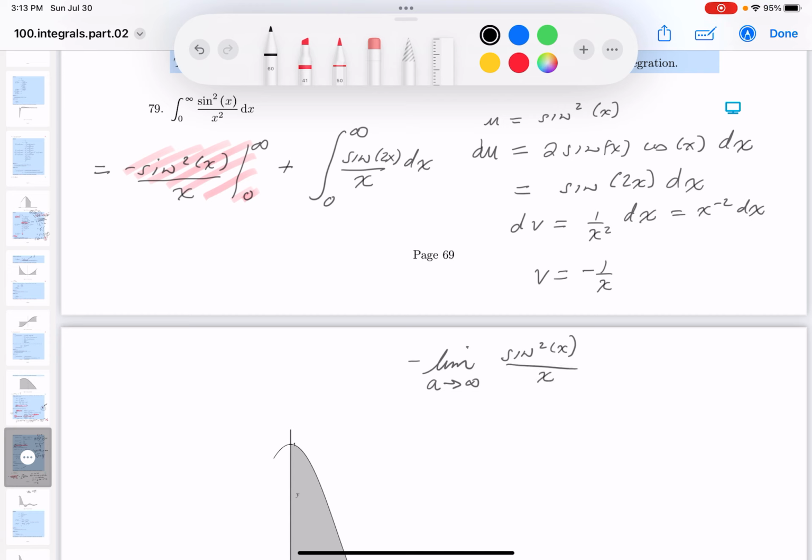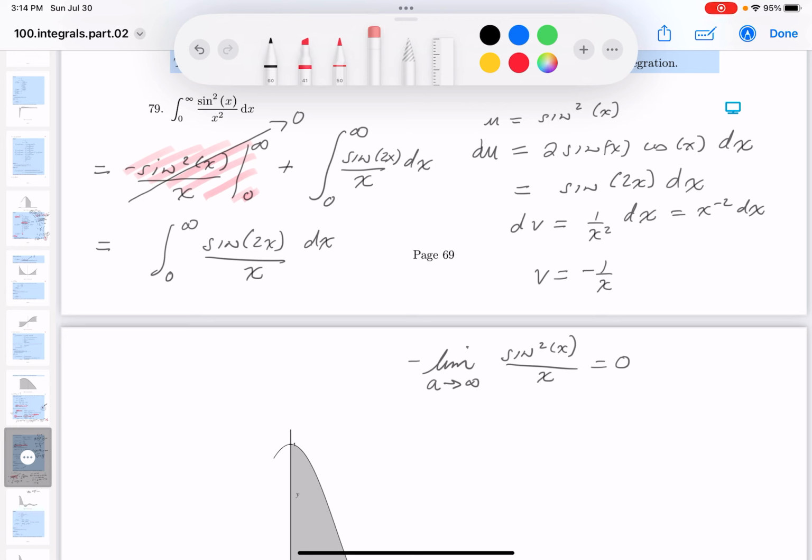Certainly as you go towards infinity, this goes towards 0. So this is easy. Now the other one is a little more complicated, isn't it? Let's put this one over here: the integral from 0 to infinity of sine of 2x dx over x. I have to evaluate that.